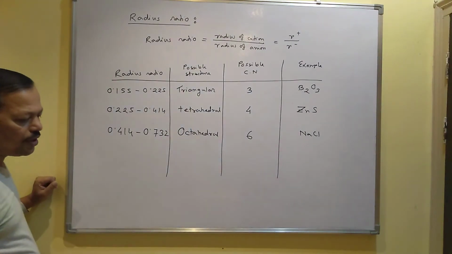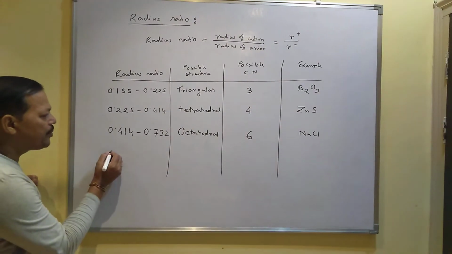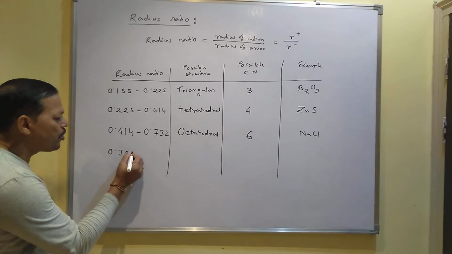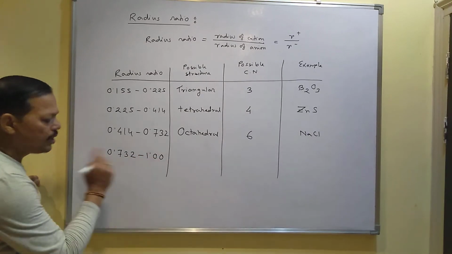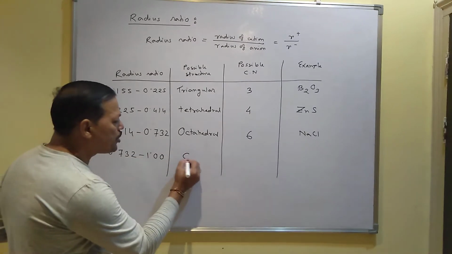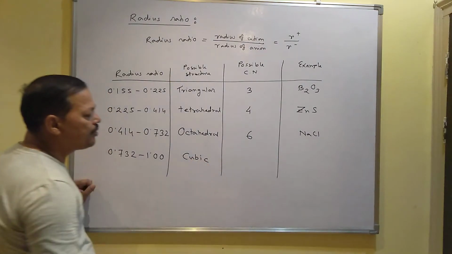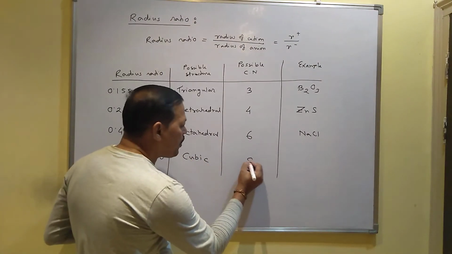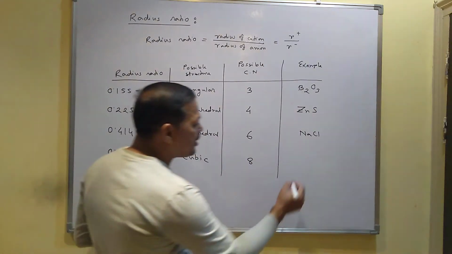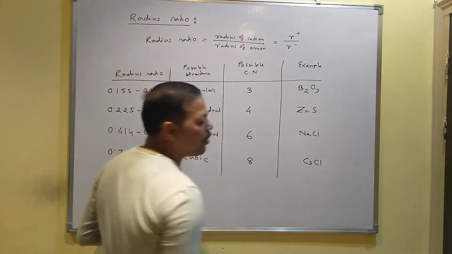These are all ionic solids. And similarly, if the radius ratio lies in the range 0.73 to 1.00, up to 1, then the possible structure for the crystal will be cubic, coordination number of the crystal will be 8, and one example of such a solid is cesium chloride.